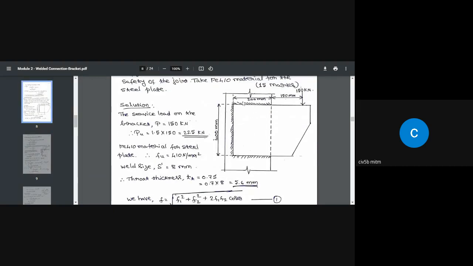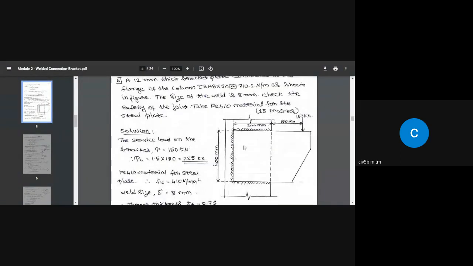What is the total length of the weld? That is 200 plus 200 plus 400, so that is 800 multiplied by 5.6, which gives you the throat area. PU divided by the throat area of the weld gives you the direct shear stress of 50.22 Newton per millimeter square. That means the direct shear stress will be acting downwards.